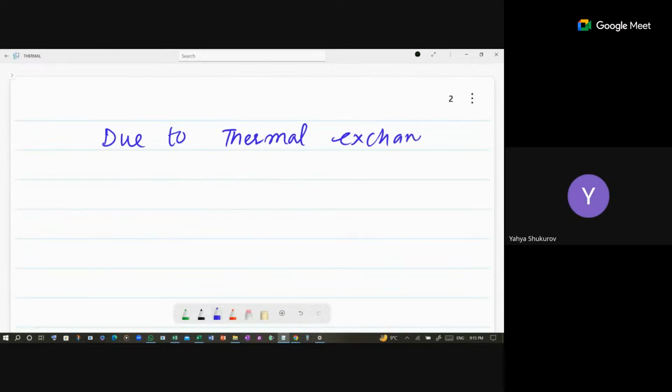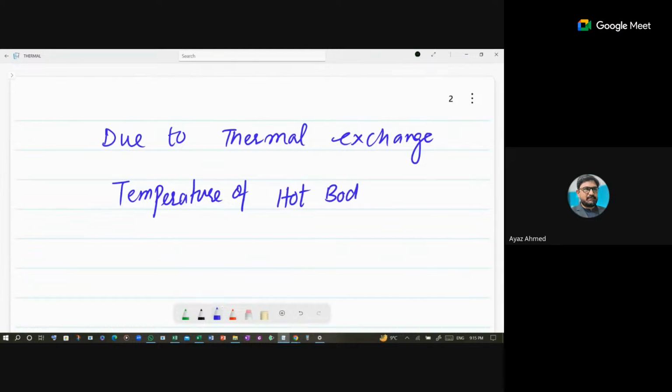The hot one will get colder and the cold one will get hotter until they are equal. Very good. Temperature of hot body decreases.